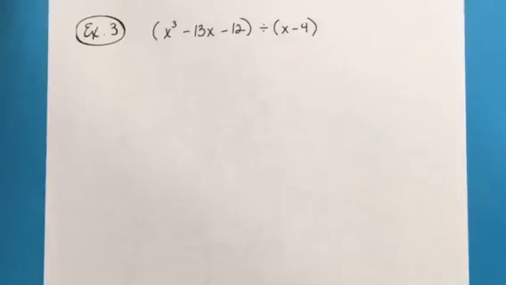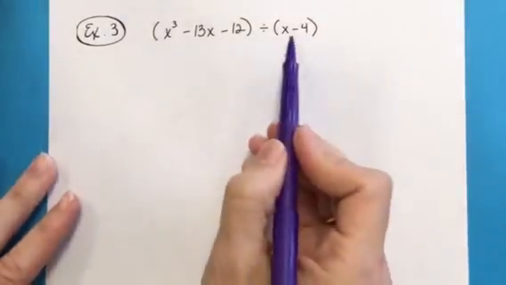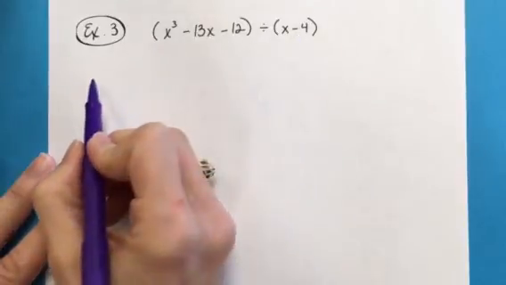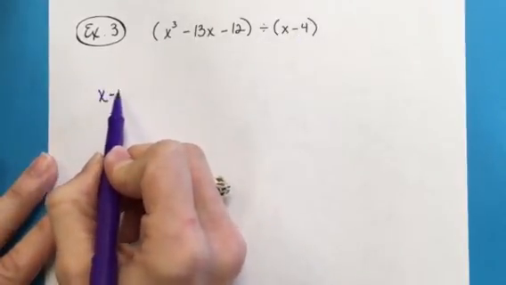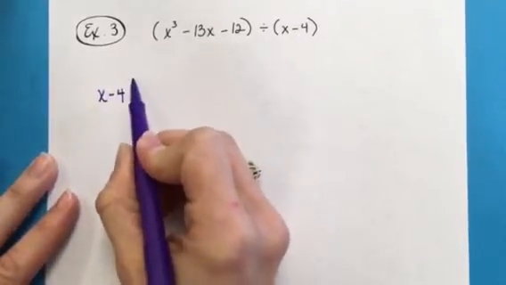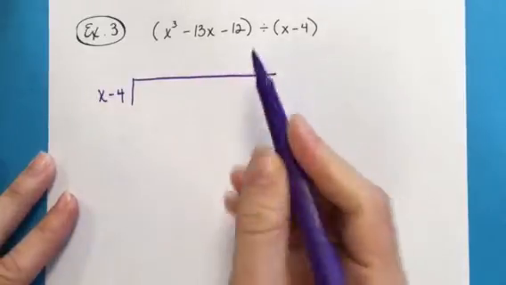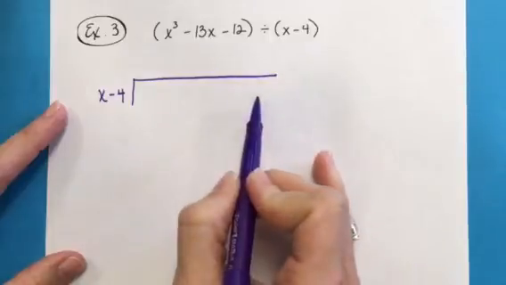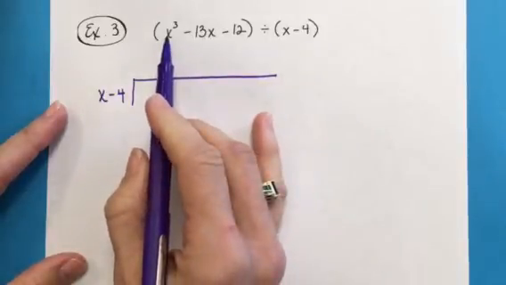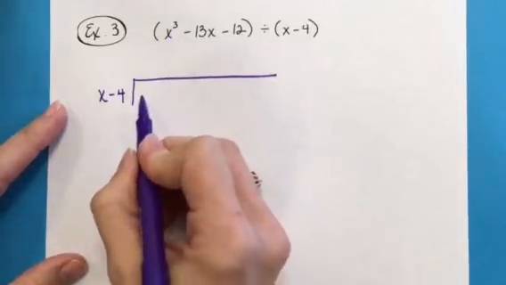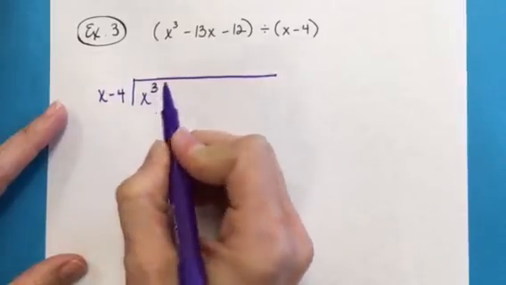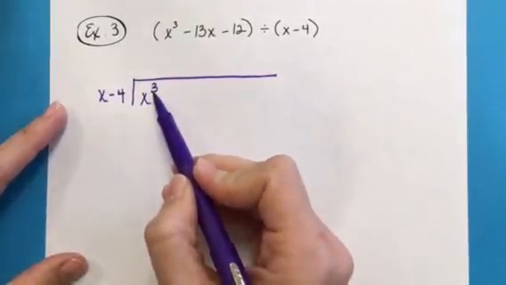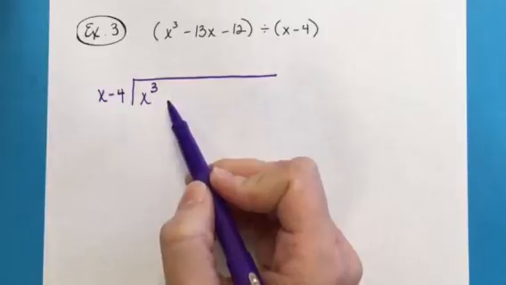All right, so setting this one up. Okay, so we've got the x minus 4 that we're dividing by, so we're going to put that out front. Now, where this one's going to be different is actually when we're putting in what's called our dividend. Of course, your first term that you have here is x to the third. Now, what's supposed to come after a third power is a second power.